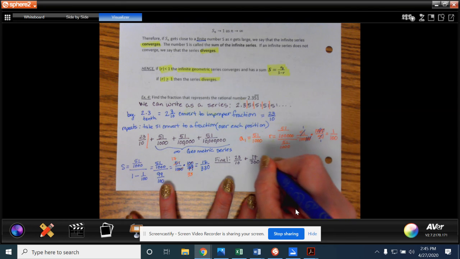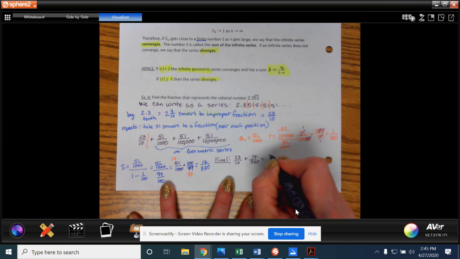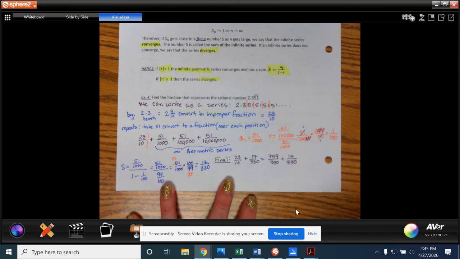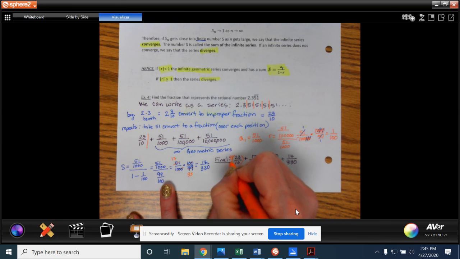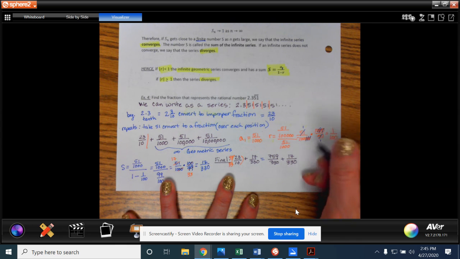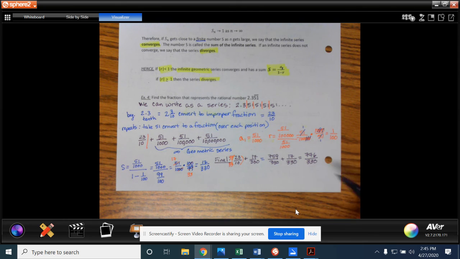This becomes, let me get my other pen back, sorry. This would be 759 over 330 plus 17, if you have to do it by hand. Of course, calculators do a lot of this work for you, but this would be multiplied by 33 over 33. Add those together. This becomes 776 over 330. Well, they both end in an even number.